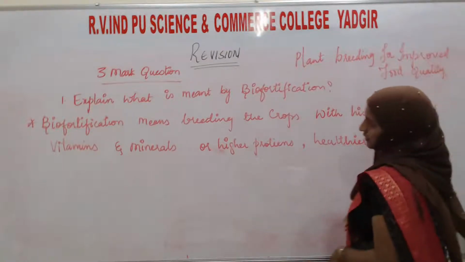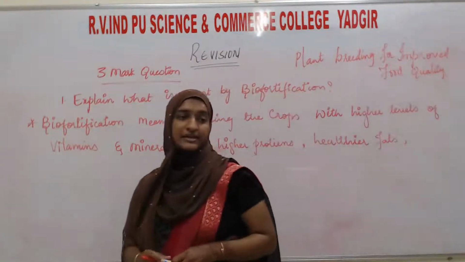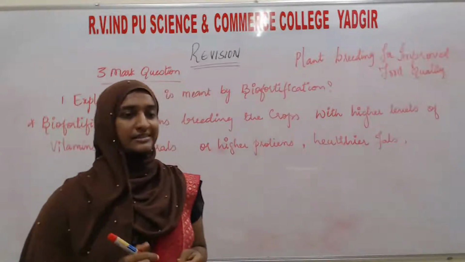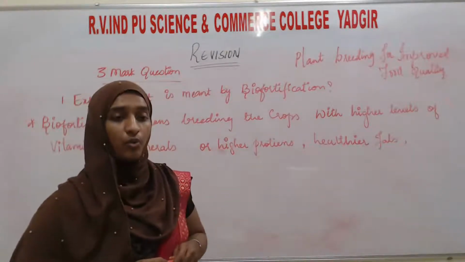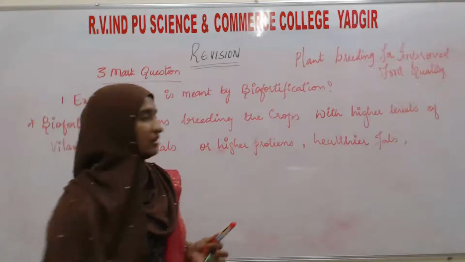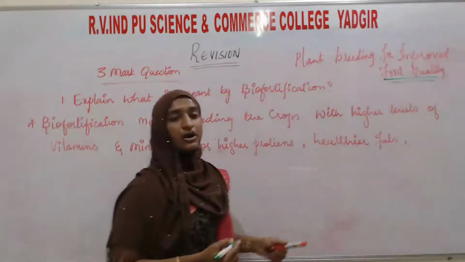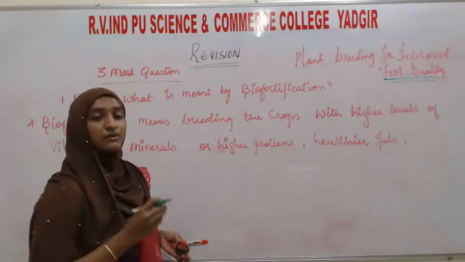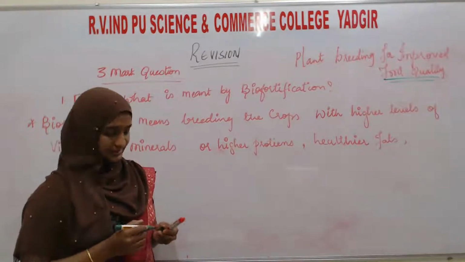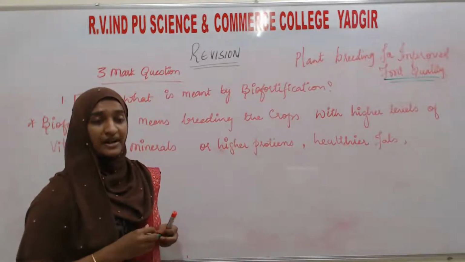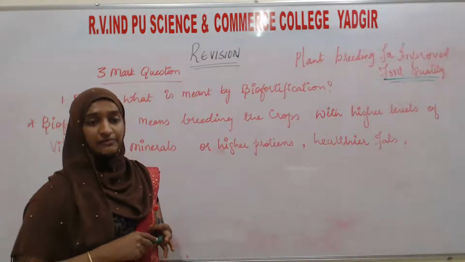Whatever plant breeding technique is there, that is practiced to improve the food quality. In what sense are we telling food quality? See, the food which will have the nutrients such as the carbohydrate, proteins, fat, minerals, vitamins, everything.